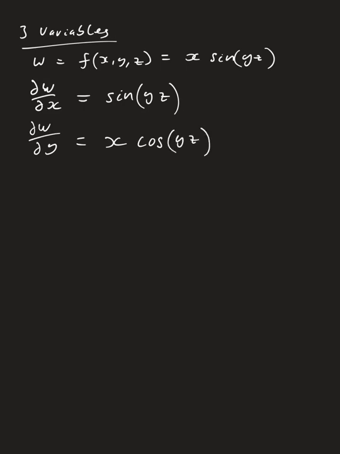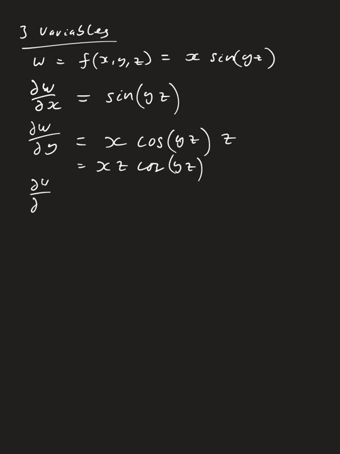By the chain rule, it's going to be that times the derivative of what's in the brackets with respect to y, which is just going to be z, because I had yz in the brackets. If I had 5 times y in the brackets, that would have been 5 outside. But I have z times y, so I get z outside by the chain rule. That's xz cosine yz.